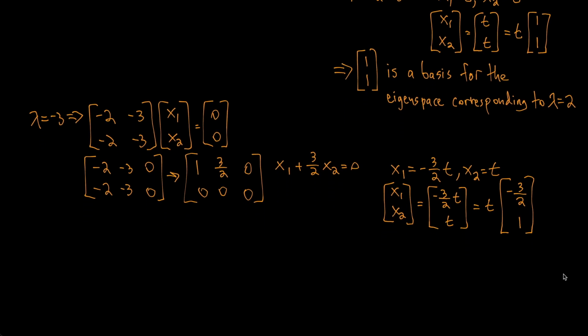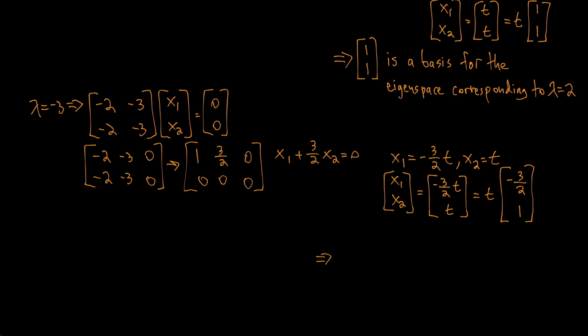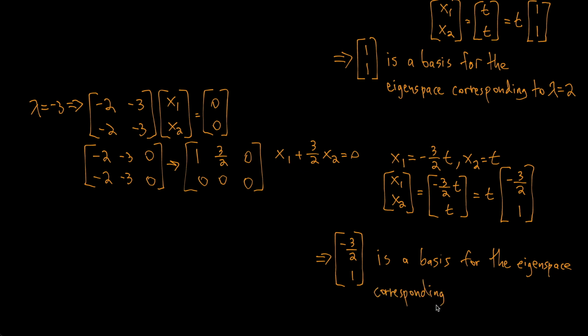Okay, so this implies that minus 3 over 2, 1 is a basis for the eigenspace corresponding to lambda equals minus 3. Excellent.